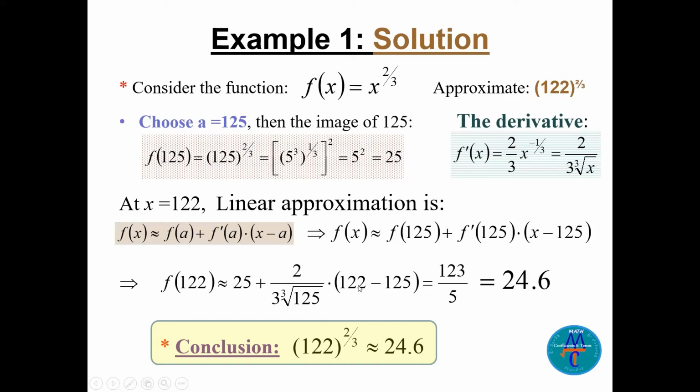So 122 minus 125. You can simplify that easily. The cube root of 125 is 5 here. 122 minus 125 is −3, so you can cancel the 3. So you have 25 minus 2/5, which will be the fraction 123/5, which is equal to 24.6, or you can leave it as a fraction.